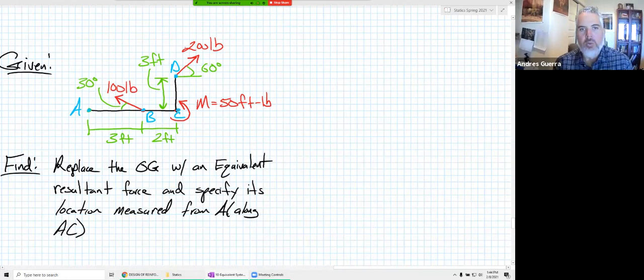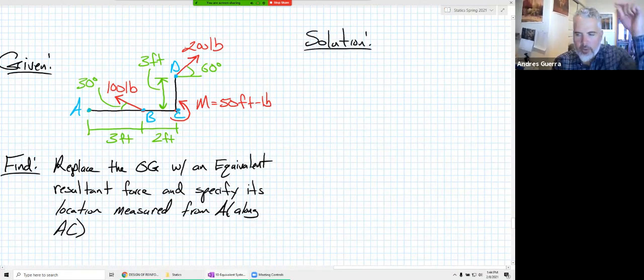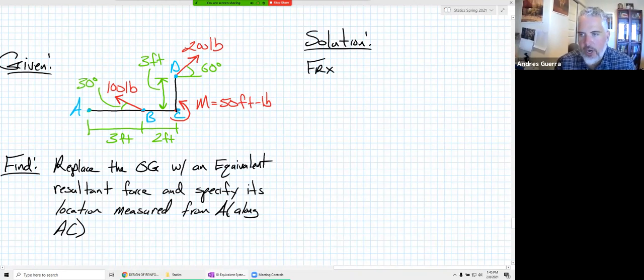So we have forces that are now in more than just one direction, right? The examples we did before, we only had forces going straight down. When we have forces that have X and Y components, I like to start, even before I draw my equivalent system, just figuring out what is my X component of all my forces. So we're going to have a minus 100 times the cosine of 30 plus a 200 times the cosine of 60.